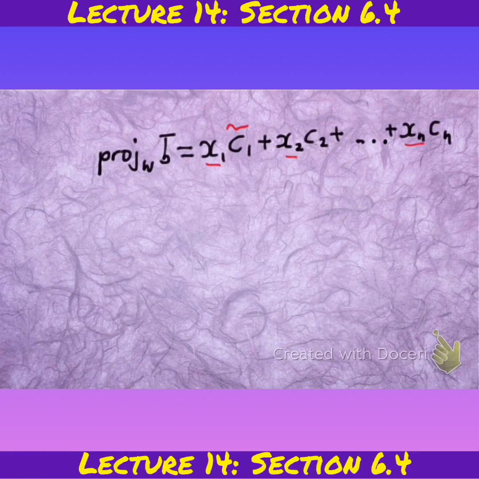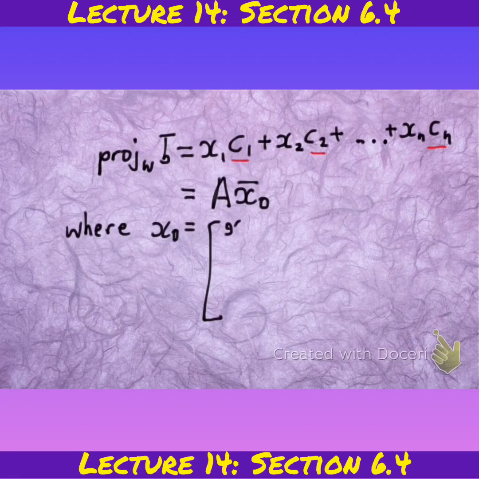So I can express the projection of B onto W as a linear combination of the column vectors of A, and we can express that as A multiplied by the vector x0. x0 is this vector here.